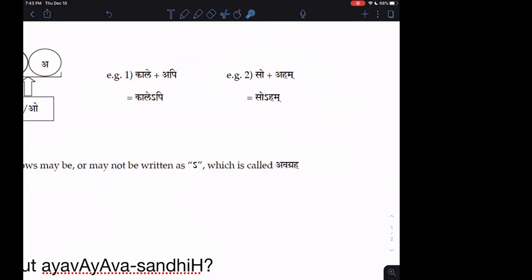And yet, what really only happens in visarga sandhi is the visarga becomes O. But because we didn't know this rule, we automatically applied this rule there. So in visarga sandhi, when we saw shivaha plus aham, really what only happens is it becomes shivo plus aham. But now that we know this rule, then purvarupa-sandhiḥ takes place and it becomes shivoham.